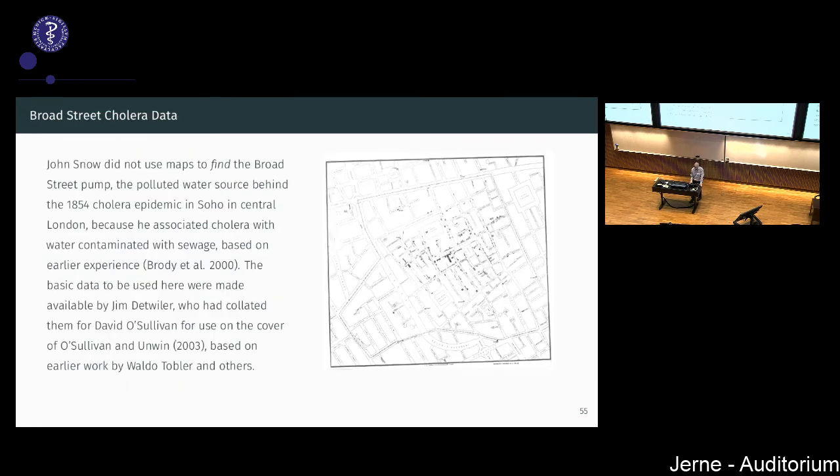And the kinds of things which are happening, and the example here is from the John Snow Broad Street cholera data set. Those of you who are biostatisticians or epidemiologists will know about the cholera outbreak in 1854 in Soho, and that John Snow removed the handle from the pump in Broad Street because he knew, although it wasn't the accepted medical knowledge, that cholera was transferred from dirty water.